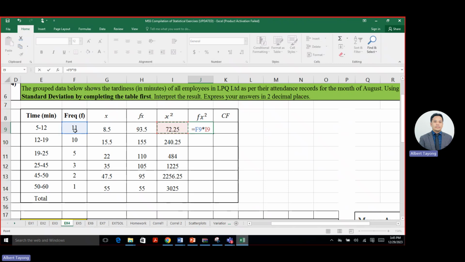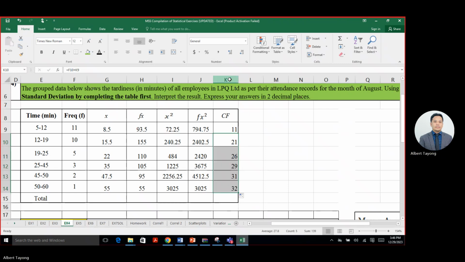Fx squared means the frequency times the x squared, not the x squared of this. And drag it down. And CF, the first CF is equal to the first frequency, and then equals the left plus the first one here above. And select the second value and drag it down.